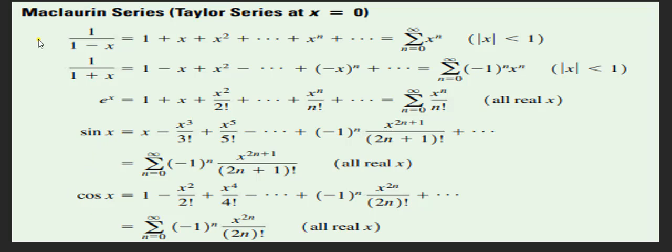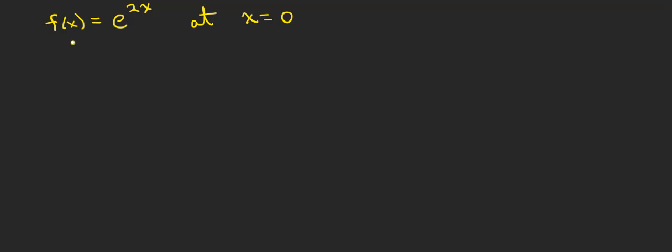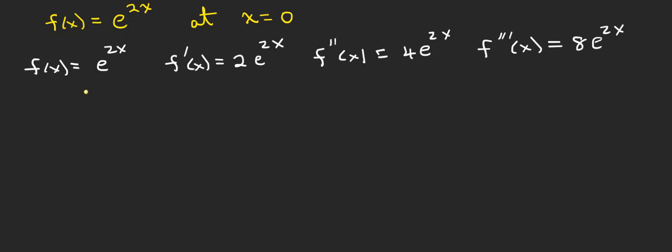Now we're going to find out why this Maclaurin series for these 5 functions is so useful. Let's say you have f of x equals e to the 2x, and they want you to find the Maclaurin series at x equals 0. So what you need to do is construct a Taylor polynomial at x equals 0. So I found the first derivative, second derivative, third derivative.